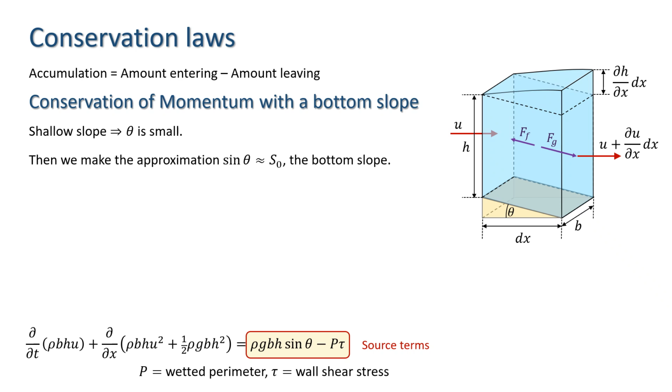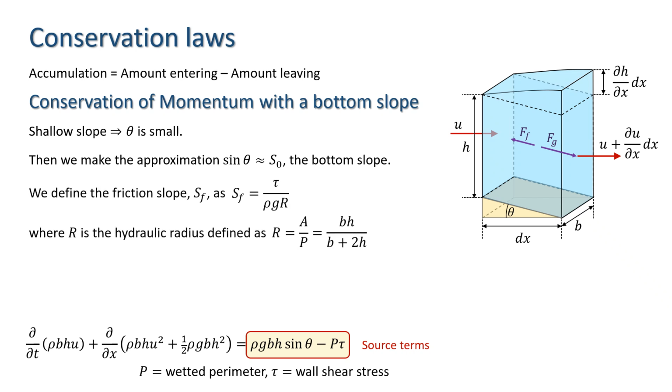We can simplify this by noting that if theta is small, then sine theta is approximately equal to the bottom slope S0. We can tidy up the source terms further by introducing the notion of a friction slope SF, which we define to be tau over rho g R, where R is the hydraulic radius, defined as the ratio of the cross-sectional area A and the wetted perimeter P, which in the case of a rectangular channel is just bh over b plus 2h.